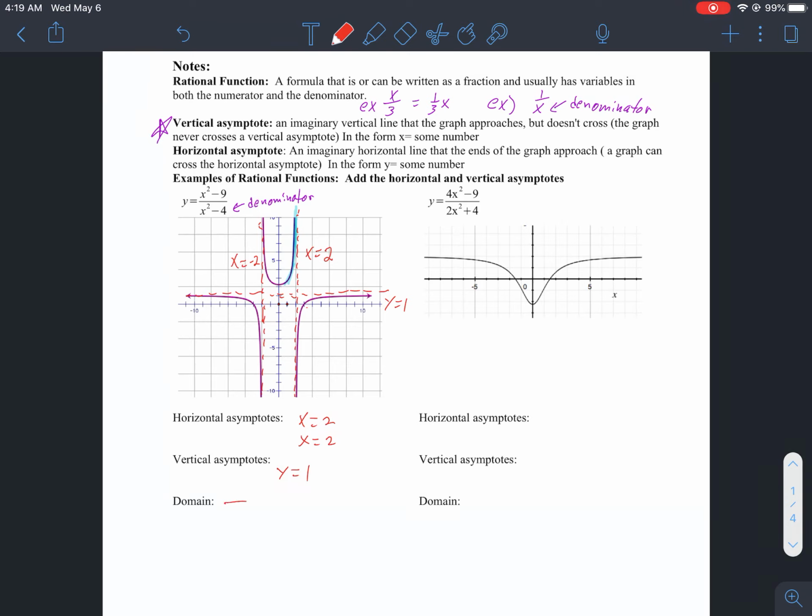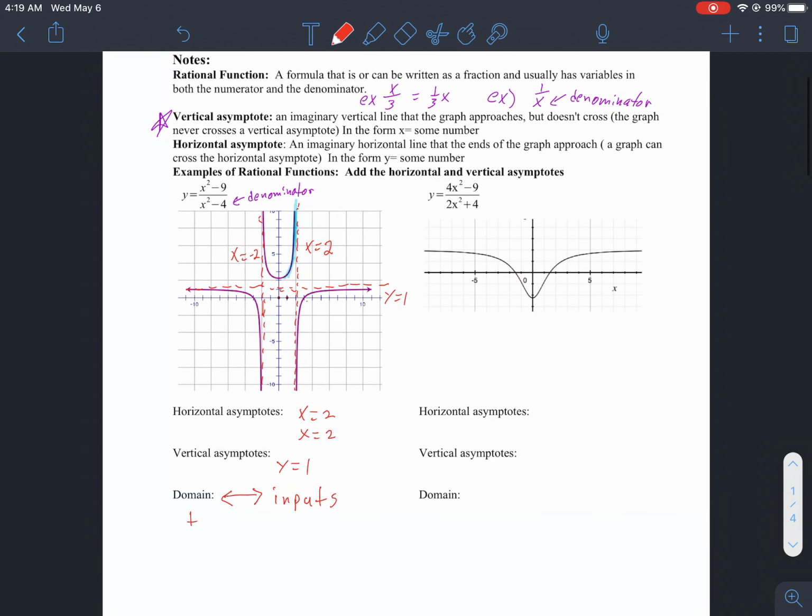Now, the domain we talked about a long time ago. The domain is what inputs have outputs. So the domain is the inputs that have outputs.